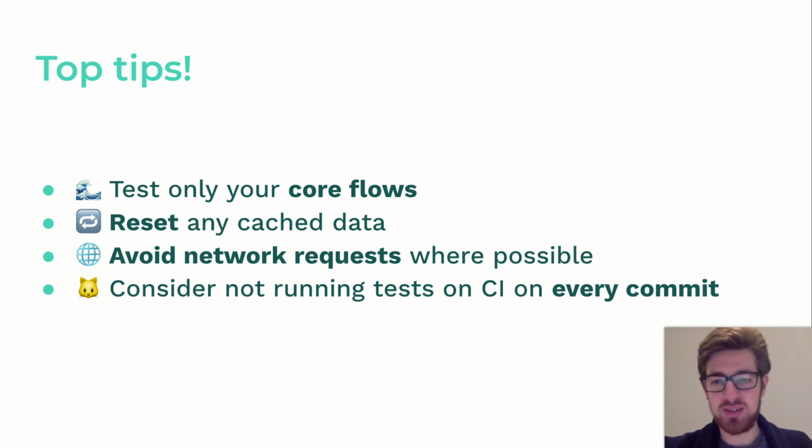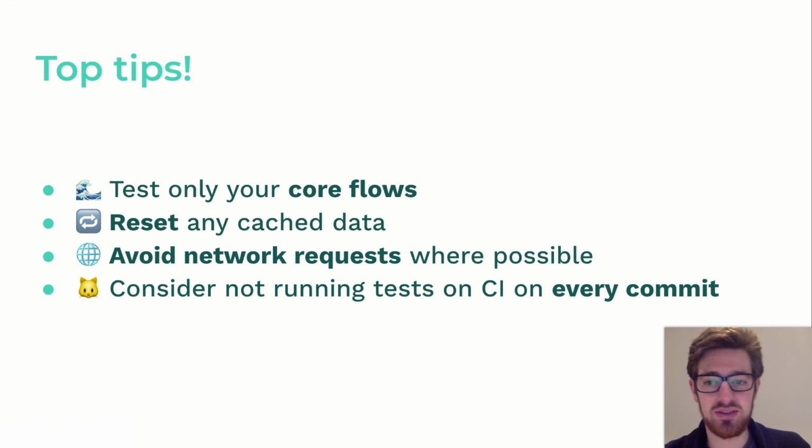So a few top tips: test only your core flows. Don't try and test every feature of your app or every single possible user journey. Just test the core flow of your app that you really can't have break every time you want to do a release. The most important functionality should always work. Reset any cache data. Start with a clean base every time you want to run a UI test.